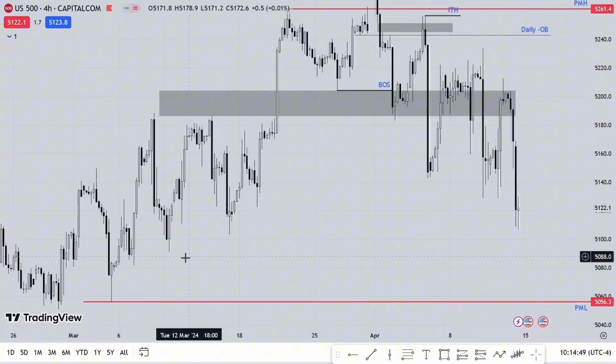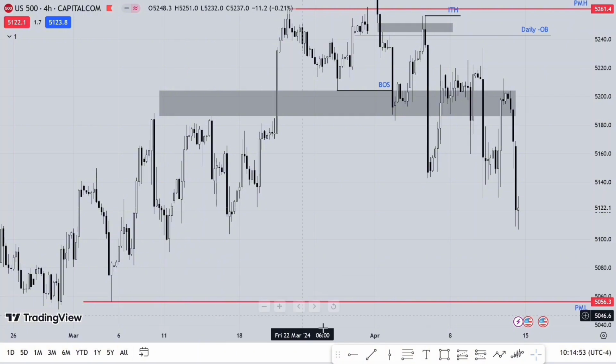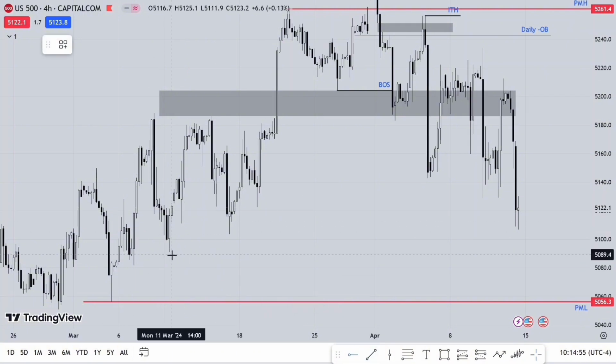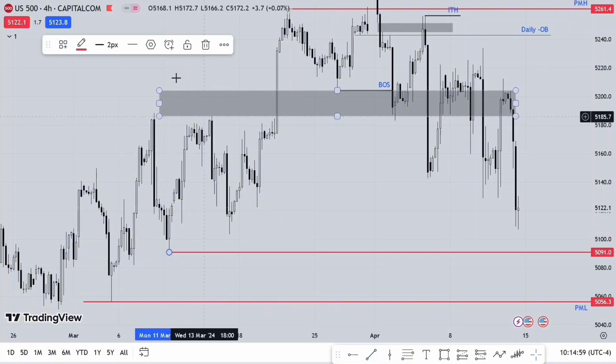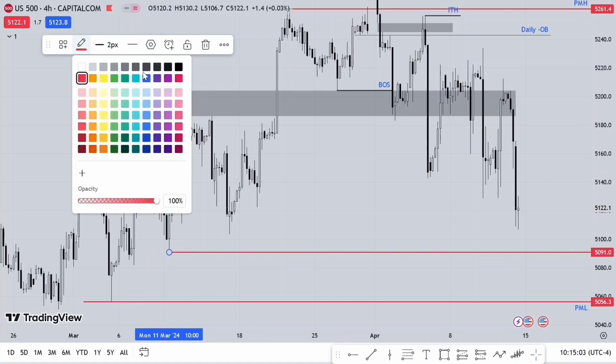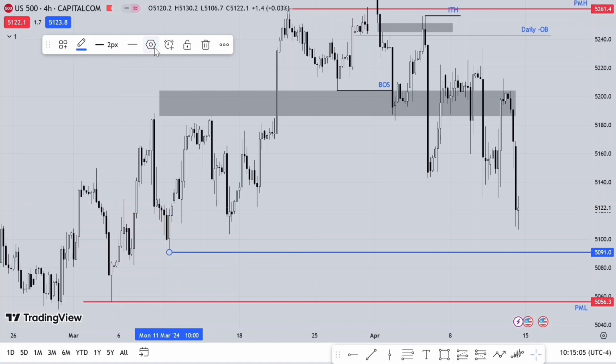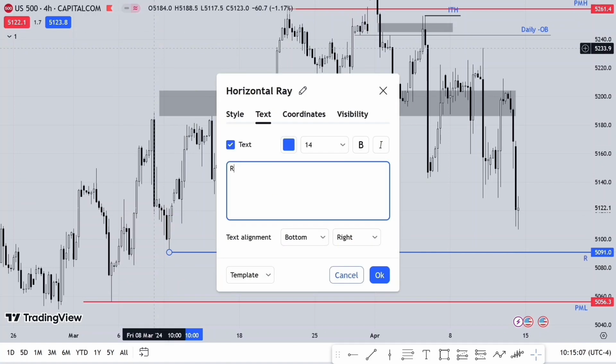You can see these lows are relative equal. So this is joint liquidity, equal lows.